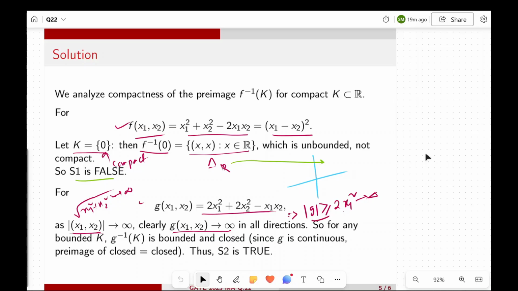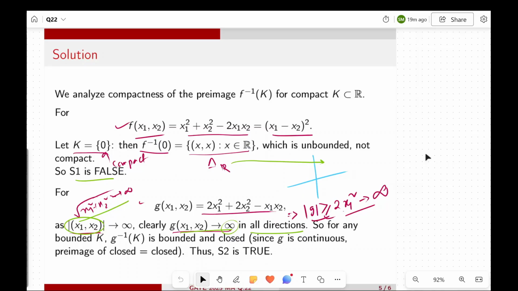So |g| shall go to infinity in all directions, because initially we did not specify any choice. We simply chose the fact that the norm of (x1, x2) goes to infinity. So g(x1, x2) goes to infinity in all directions, and that tells us that g is a coercive function.